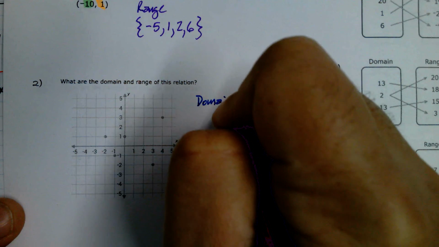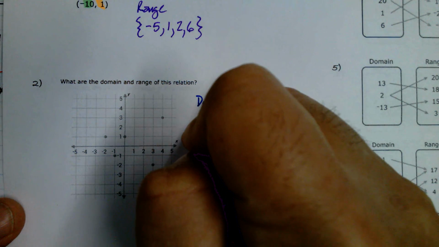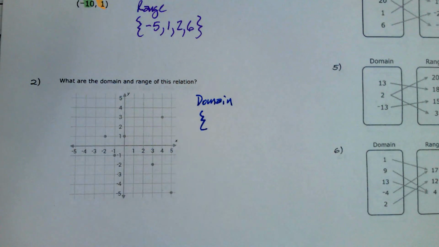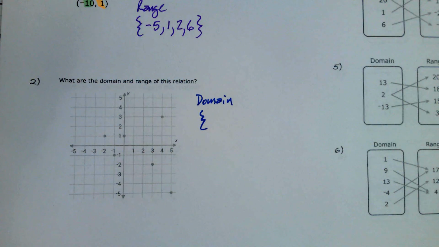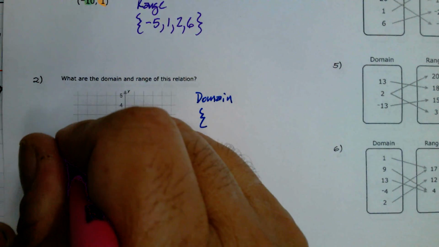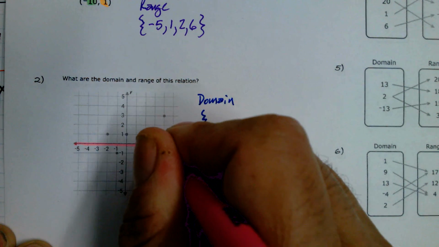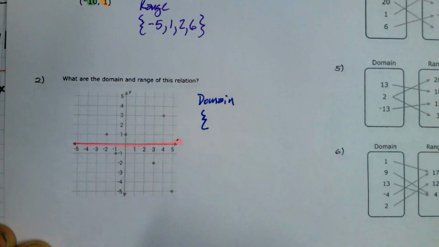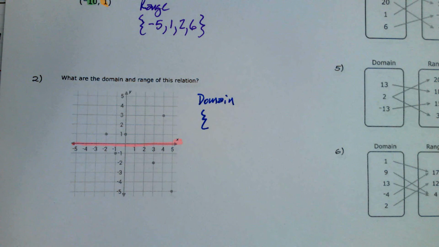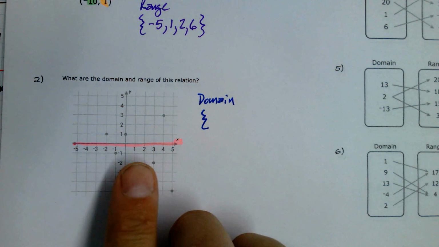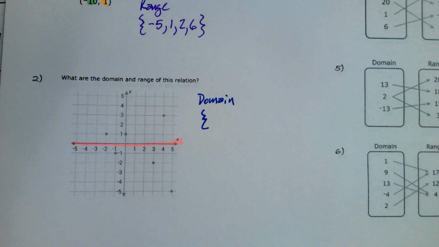Jesse, tell me if this was your thought process. We know that the x coordinate is on the horizontal. This is our x-axis, right? So we need to look at each point and see where it is on there.